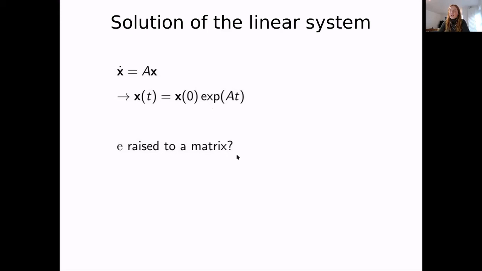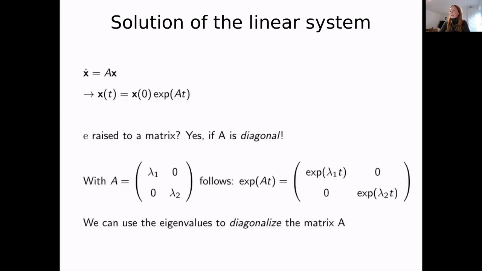And to do this, I need to know what is the number e, so e is just a number, right, raised to a matrix. What is this? And can I do this? And apparently I can, but I can do this only if the matrix A is diagonal. So here's a two-dimensional example.